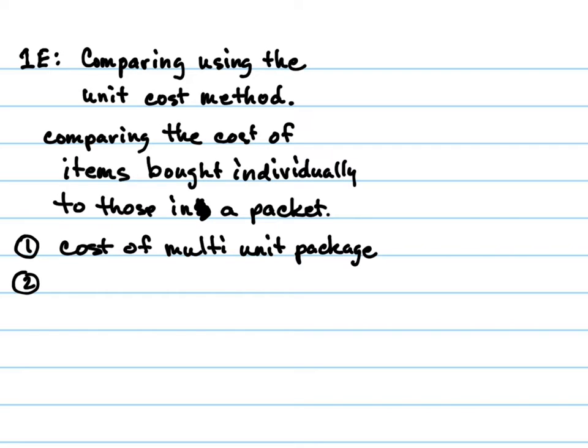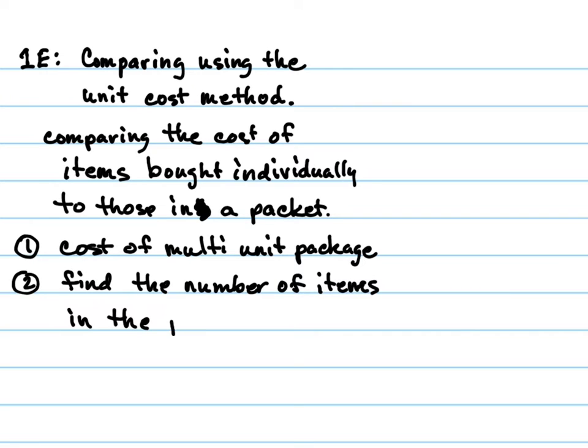Second, find the number of items in the packet. So there could be 24 in a package, there could be 12 in a package, whatever. How many items are there in that packet?